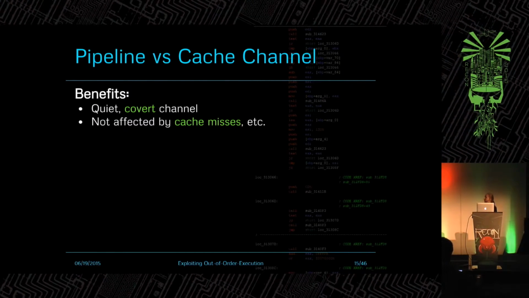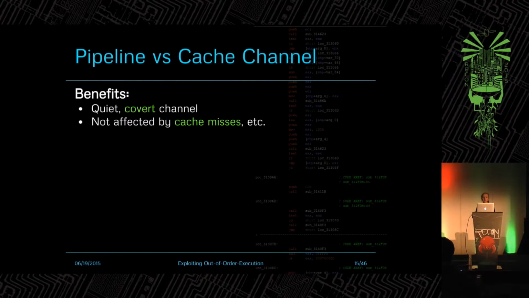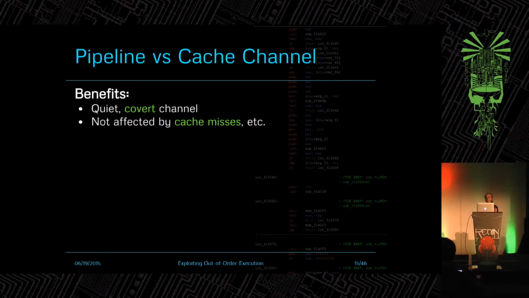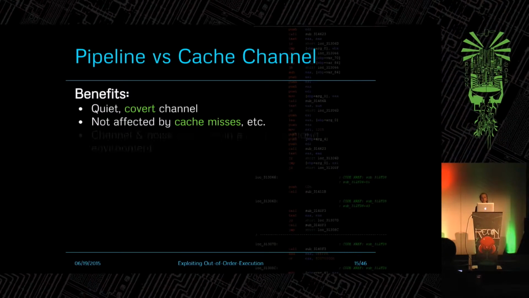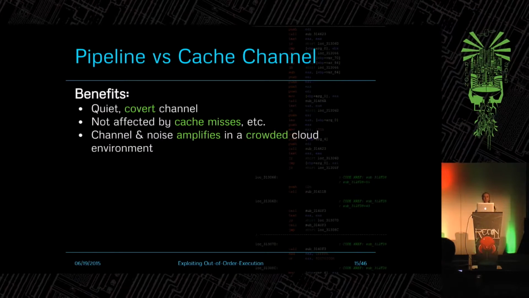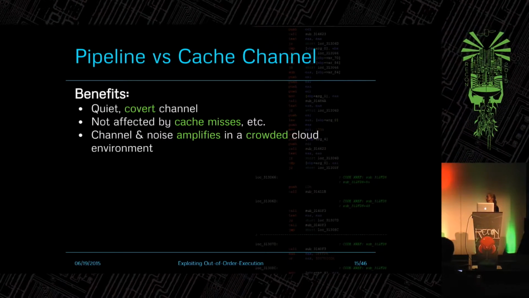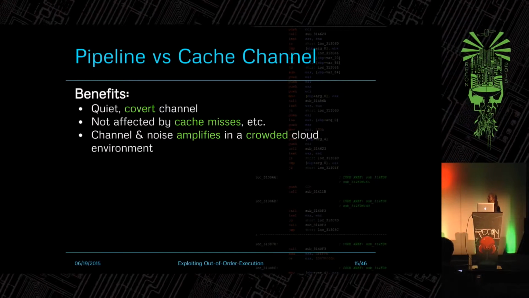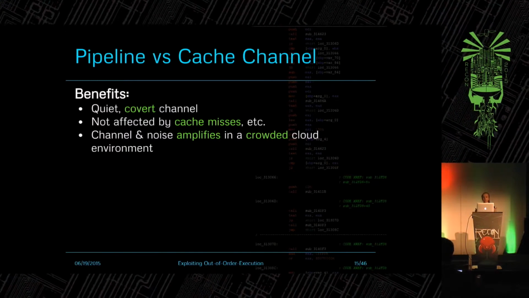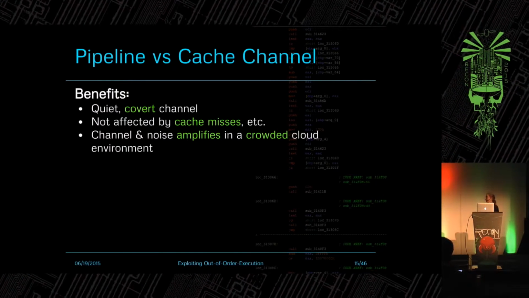It's also not affected by noise in the system as much. It's not affected by cache misses or other errors that the system may have. And in a super noisy environment, much like the cloud, where tons of processes are just operating normally on the same hardware, the pipeline side channel is actually increased or amplified in strength, which is great.